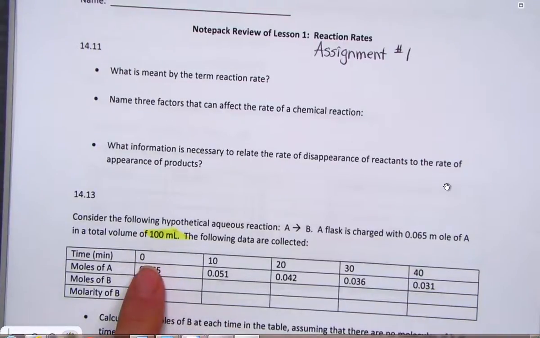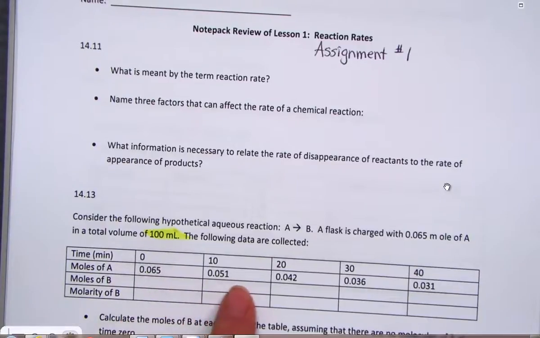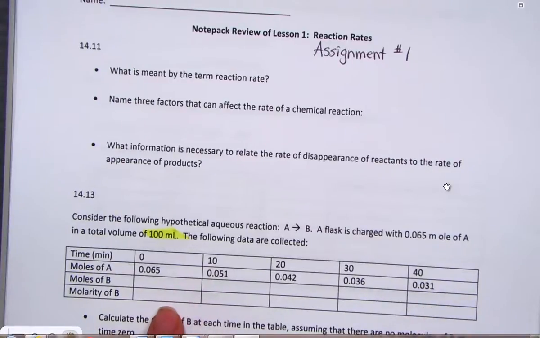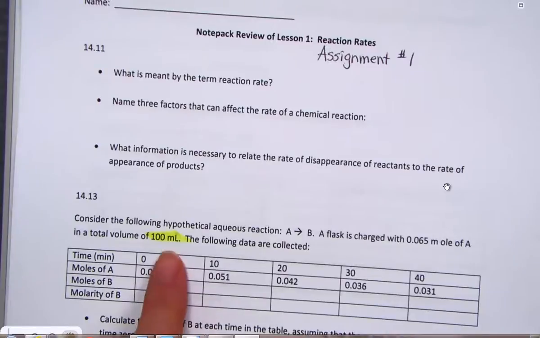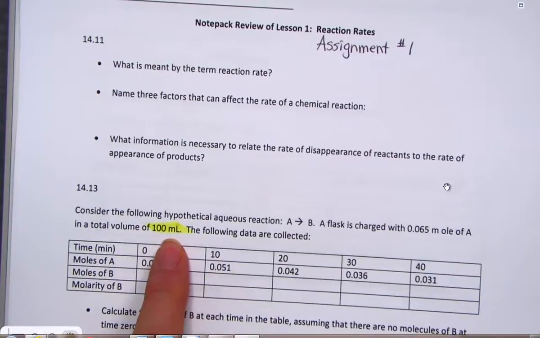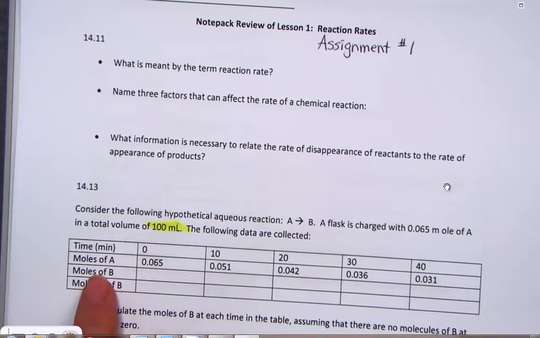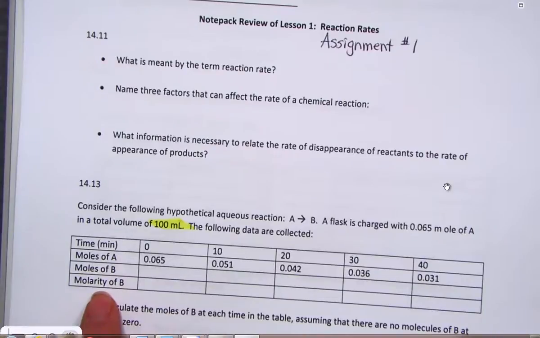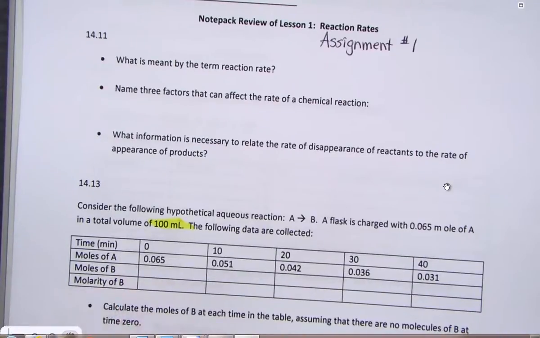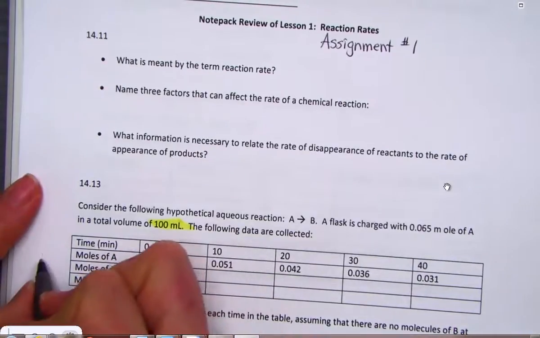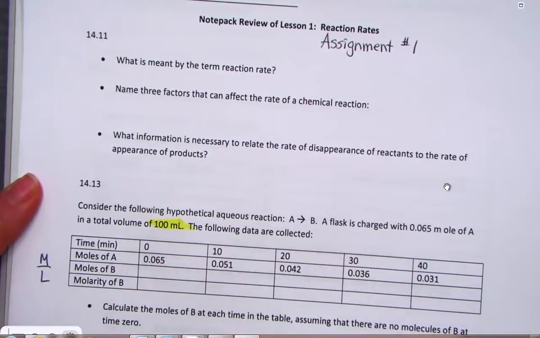So at time 0, that's the initial amount of reactant A, and you can see as time goes by, reactants get used. Moles of B will be asked for, followed by molarity of B. And that's why I highlighted 100 mLs, because I know when I take moles per liter, I come up with molarity. That might be a good little side note there, moles per liter.